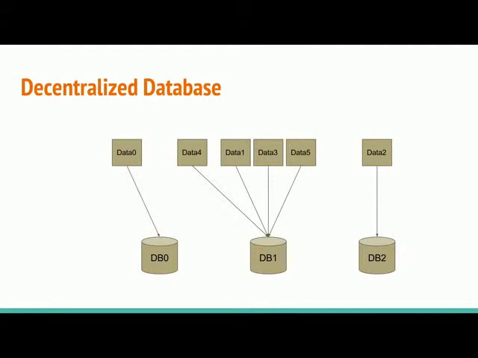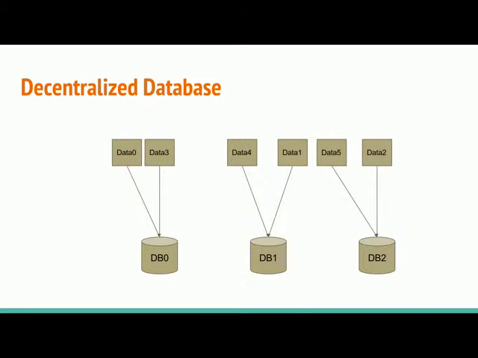Data 4 goes to database 1, because 4 mod 3 is 1. Then data 1 remains in database 1, data 3 goes to database 0, and data 5 finally goes to database 2. So this is scaling up.